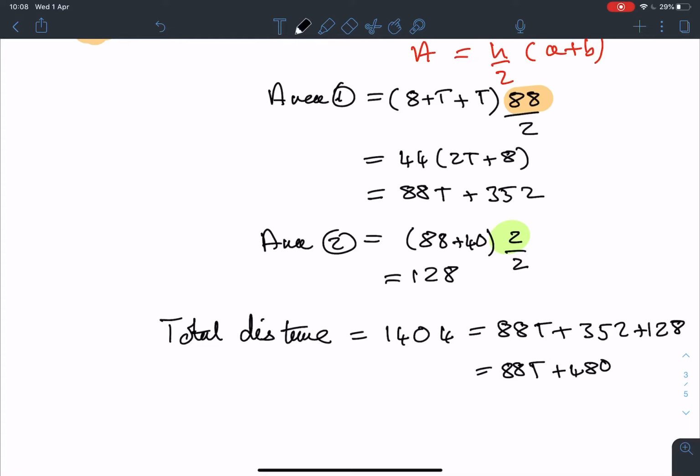Subtract the 480, we get 924 equals 88t. So t equals, that's 880, leaving 44. That's nice, isn't it? So that's 10.5 seconds. Okay, that's the end of that clip. I'm going to do the second two questions on another clip.